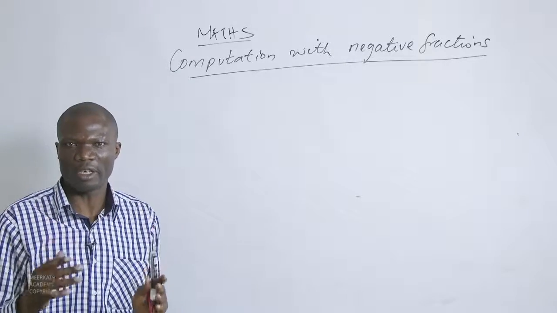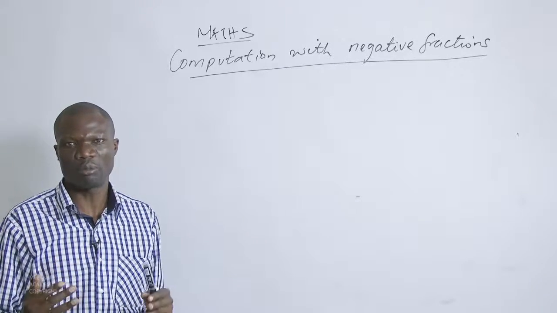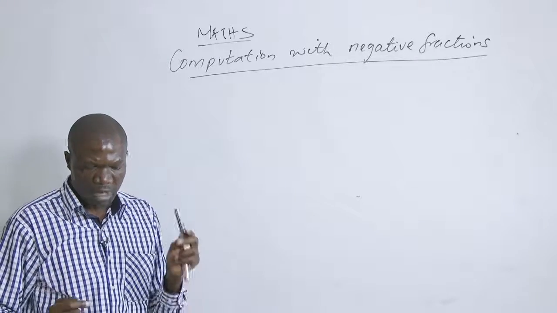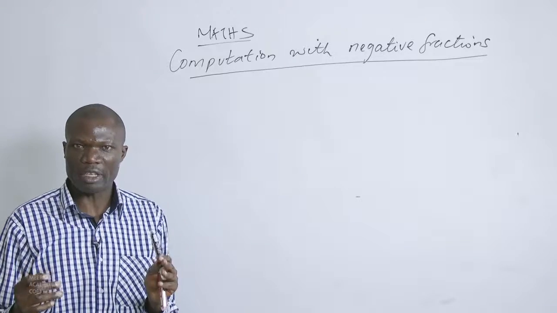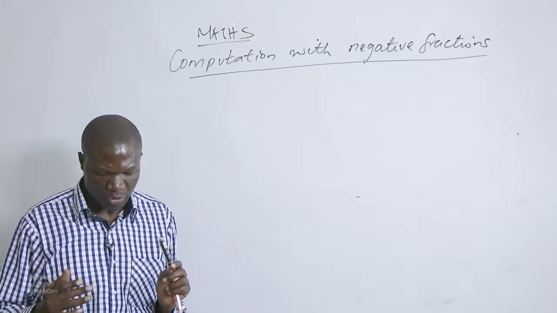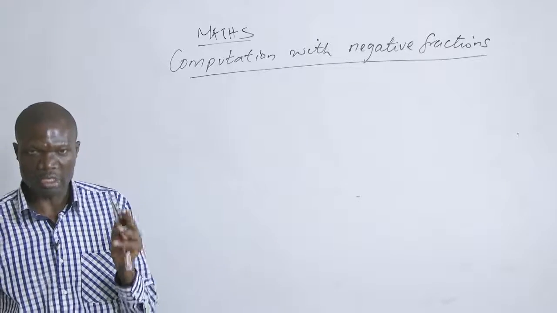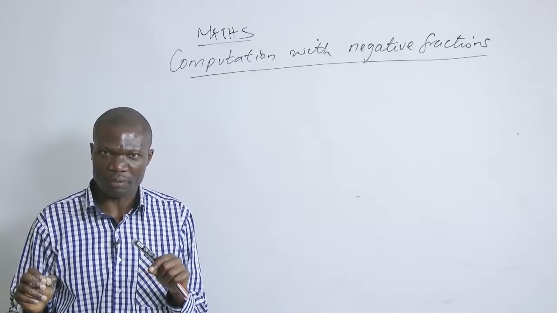How we operate negative integers, the same way we shall use the same principle to operate negative fractions. Also, the arithmetic rules that we observed in integers in our previous chapter, that is in chapter 1, will also apply in fractions.